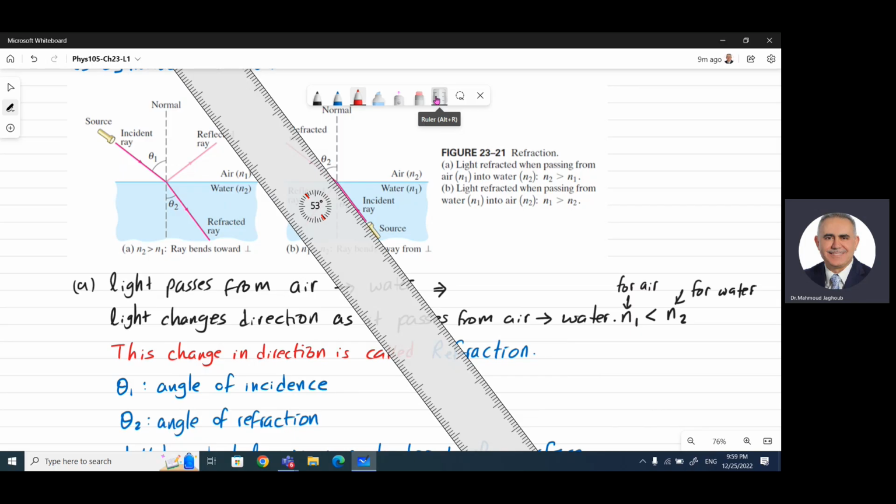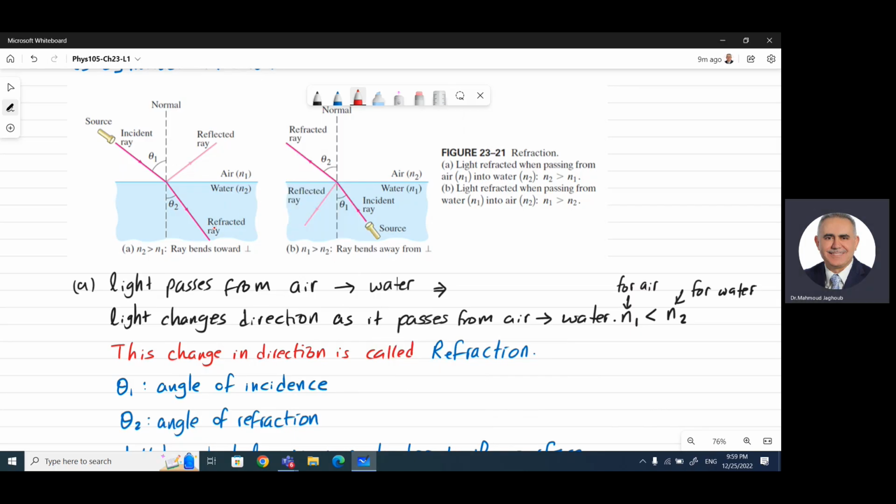So just to summarize, when light moves from a medium of low refractive index to a medium of high refractive index, it bends, or the refracted ray bends towards the normal. The reverse, when it falls from water with a higher refractive index into air with a lower refractive index, light bends not towards the normal, it bends away from the normal.